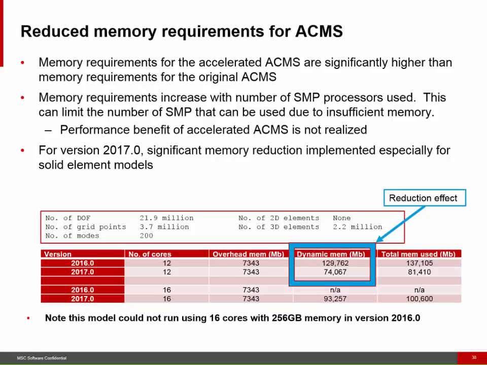So that means that you couldn't really get the performance gain from the new method due to memory requirements. So this has been addressed, and we now can see a significant reduction in 2017, especially for solid element models, but in general for most models you see 20 to 30% memory reduction with the accelerated ACMS method.